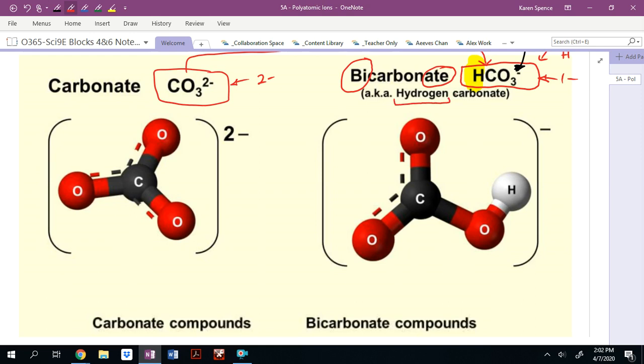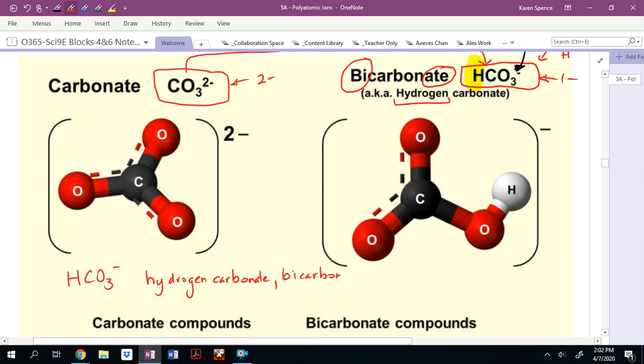When you get your table of common ions, you will see the ion listed, HCO3 minus, and you'll see its name. It'll be listed like this: hydrogen carbonate, and then there will be a comma, and it will say bicarbonate.